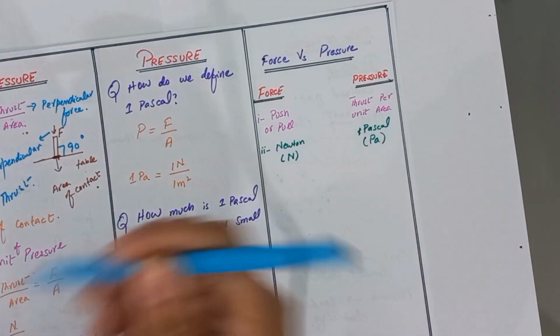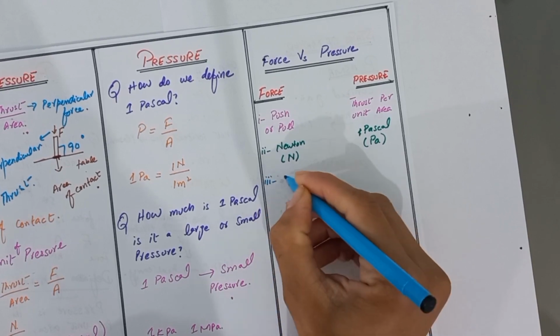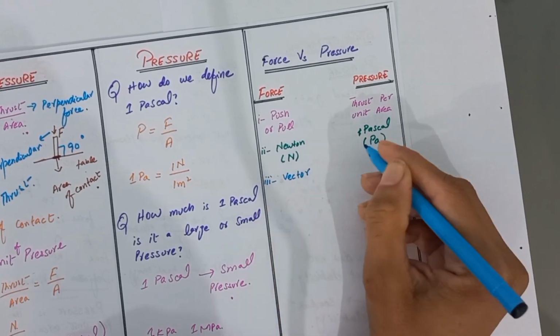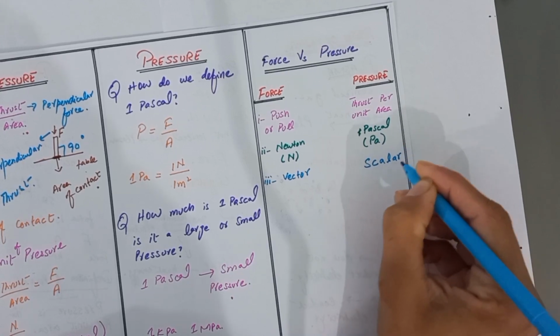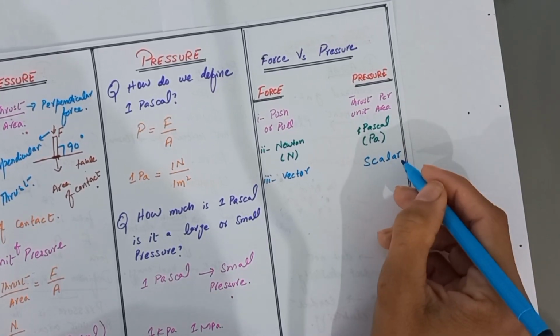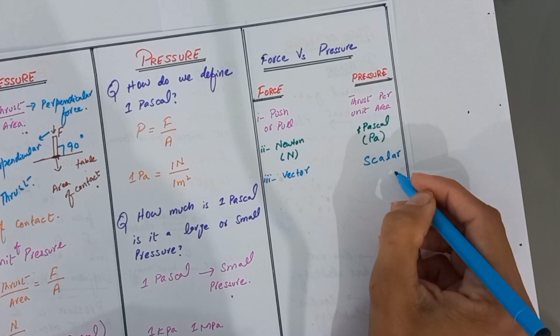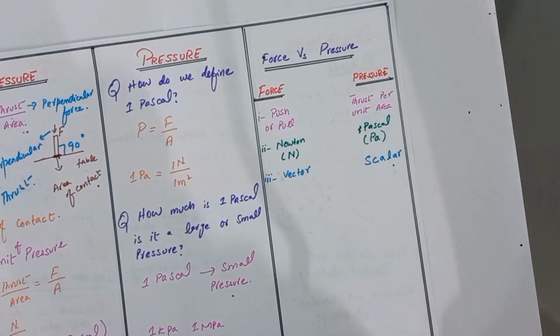Now force is a vector quantity and pressure is a scalar quantity. It does not have a direction because pressure is exerted in all directions. So it is a scalar quantity.